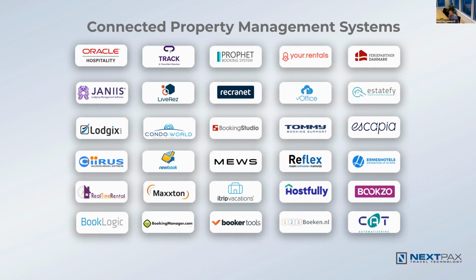And then we are also connected with some of the hotel softwares like Oracle Hospitality and Muse, which would generally have a little bit more of the hotels. But you see that there is a lot of coverage in the PMS ecosystem. So that helps. If you are working as an accommodation partner with one of these PMS systems, an activation towards getawayGoGo is around the corner and quite easy to accomplish.